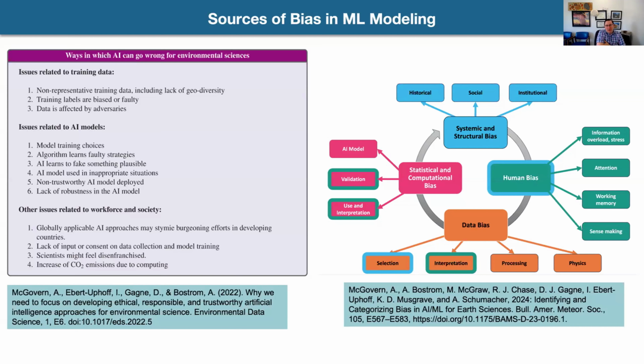There's also adversarial data that can come up and be an issue, both intentional and unintentional. The models themselves, how you set them up, and how you evaluate, or lack of evaluation, can cause models to learn the right answer for the wrong reasons, and then generalize poorly or produce the wrong predictions at the wrong time.